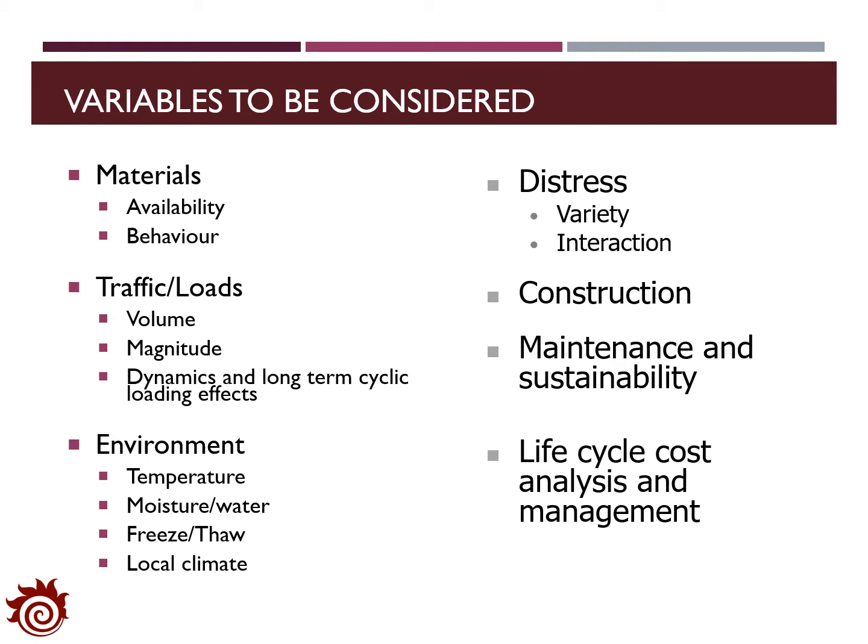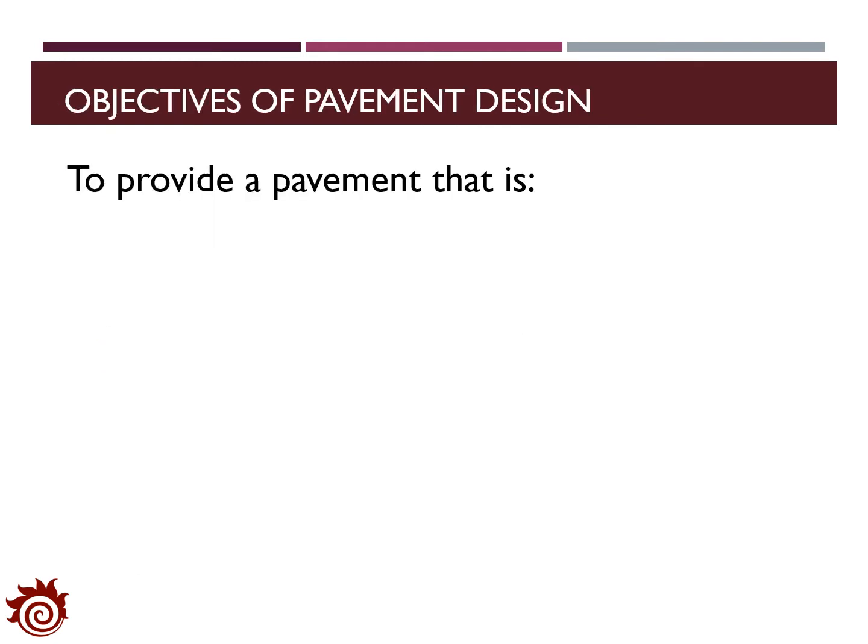And the maintenance and sustainability should also be considered for the pavement to last for a longer time. Finally, we need to analyze the life cycle cost and also provide the proper management about the pavement to be conducted successfully.